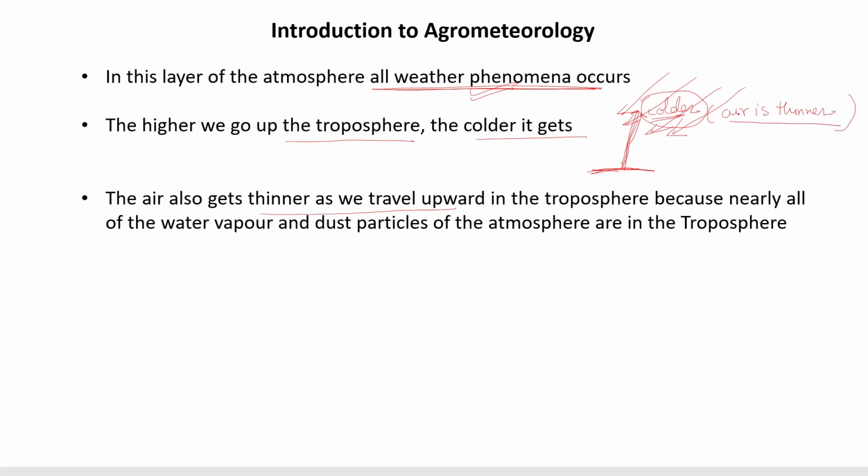Nearly all the water vapor and dust particles of the atmosphere are in the troposphere, mostly at its lower surface. As you move above, the air gets thinner.